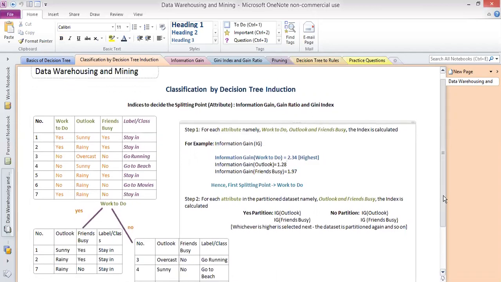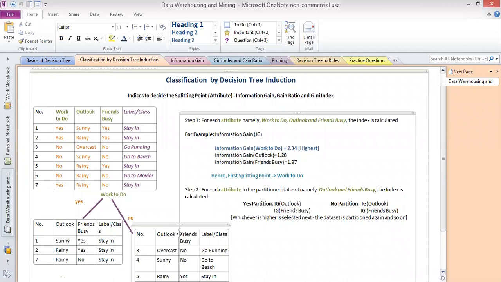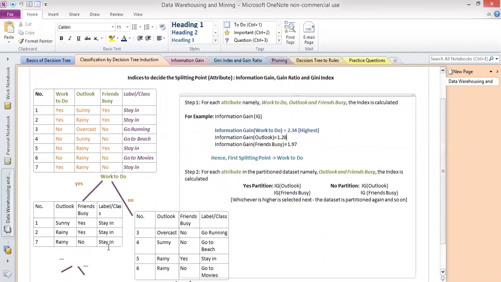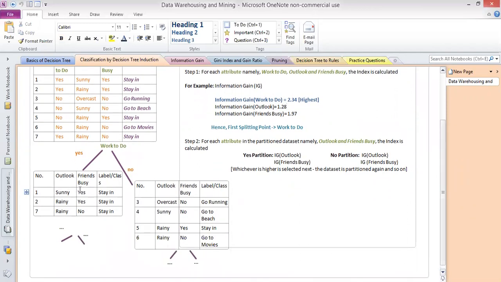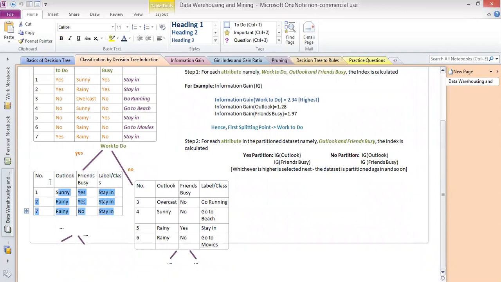After selecting it as the first splitting point, you can see that we've divided the data set into two parts. These are the two data sets that you see. Now on this data set, you calculate the information gain for outlook and friends busy. Whichever of them is higher, you take it up and again partition the data set. For the right hand side, again, you calculate the information gains for outlook and friends busy respectively, and whichever is higher, you pick that one for partitioning.